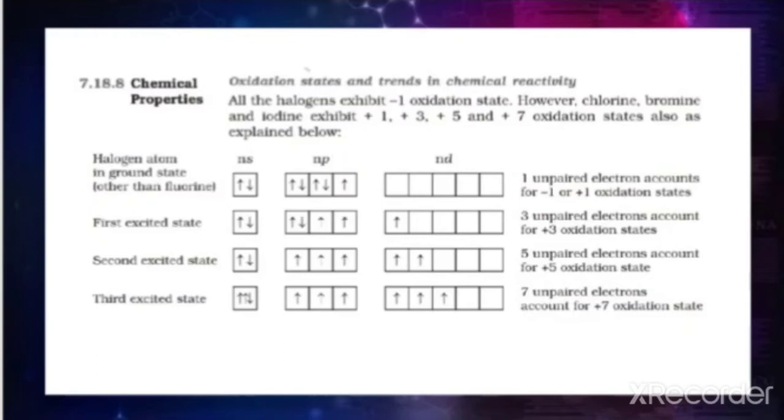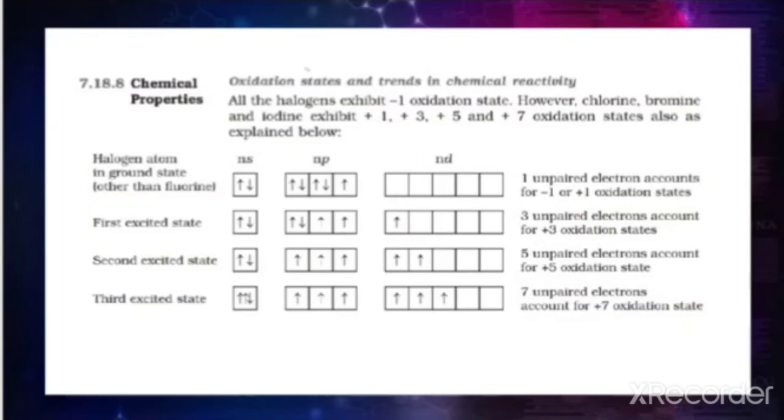But when one of the electrons from p gets excited to d orbital, now you look here in the first excited state, how many unpaired electrons are there? 3 unpaired electrons are there. Therefore, due to the 3 unpaired electrons, they form +3 oxidation state.